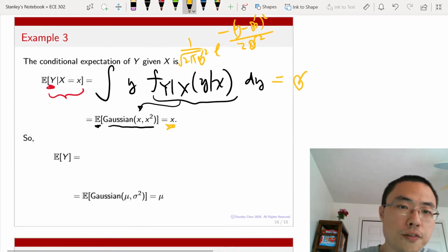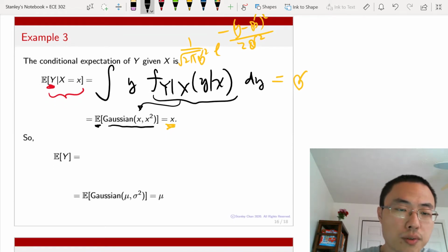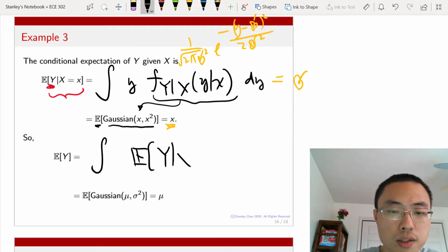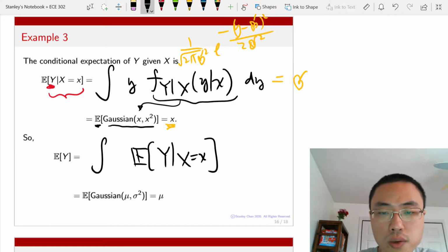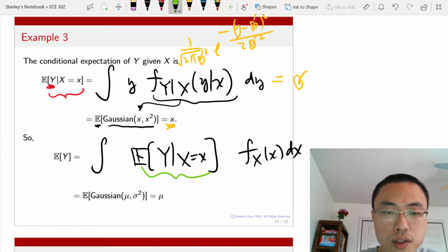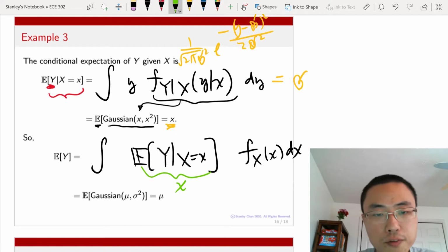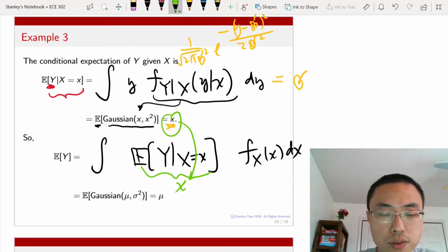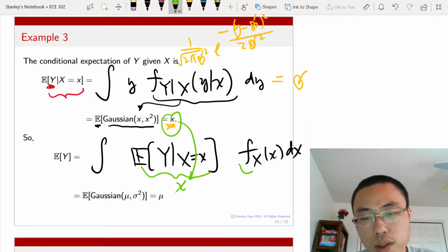So once we have found the conditional expectation, to find the expectation of y, it will just be the integration of the expectation of y given x equals small x, and then you have f_X of x dx. So this is x, as we found from the previous calculation. And then what is this?